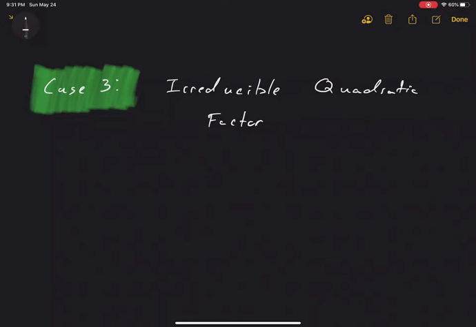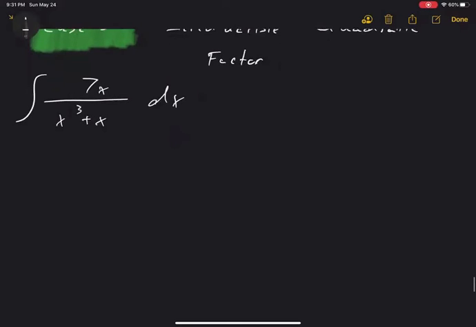So for example, let's say I had 7x over x cubed plus x squared. Actually, let's do x cubed plus x. So let's say I'm trying to factor that denominator.